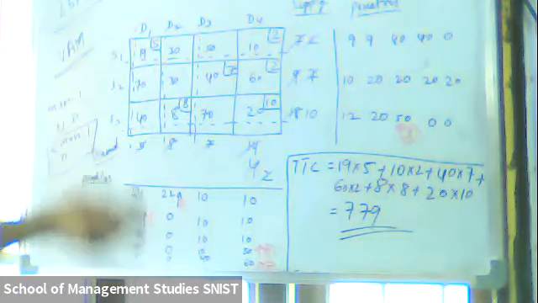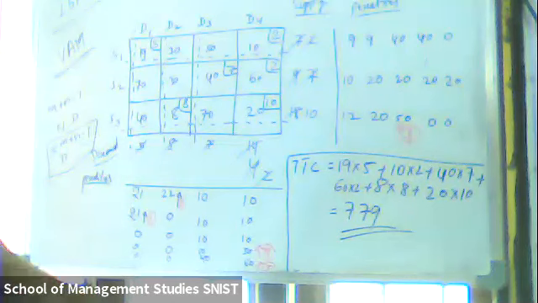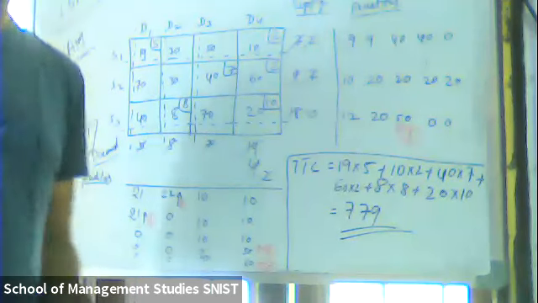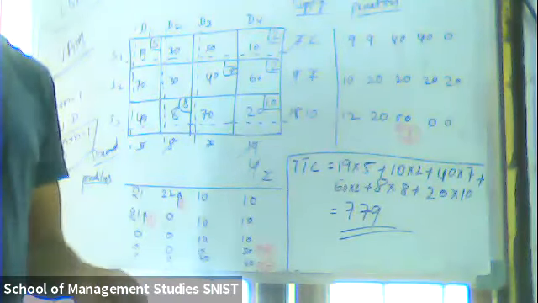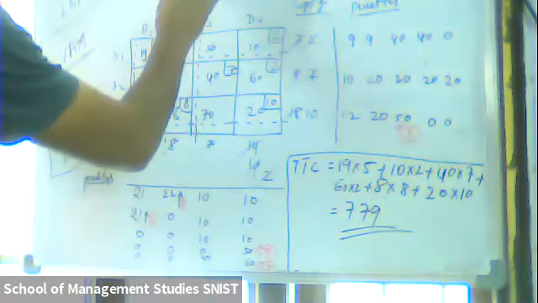Now I'm going to explain one more important method in the transportation problem, that is optimality. If they ask you to find the optimality of a transportation problem, we have one more method, which is called the Modi method.